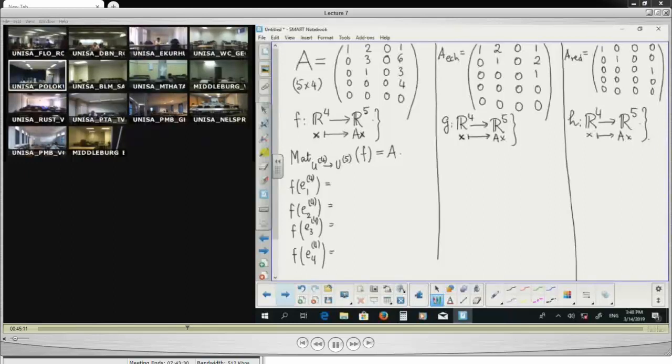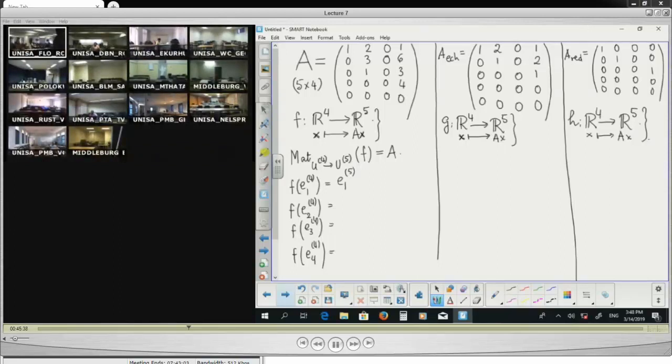Isn't it in the fifth dimension? F of E14 is in the fifth dimension, correct? And its coordinates with respect to the usual basis is this. So this is exactly E1 goes to E1. Okay?